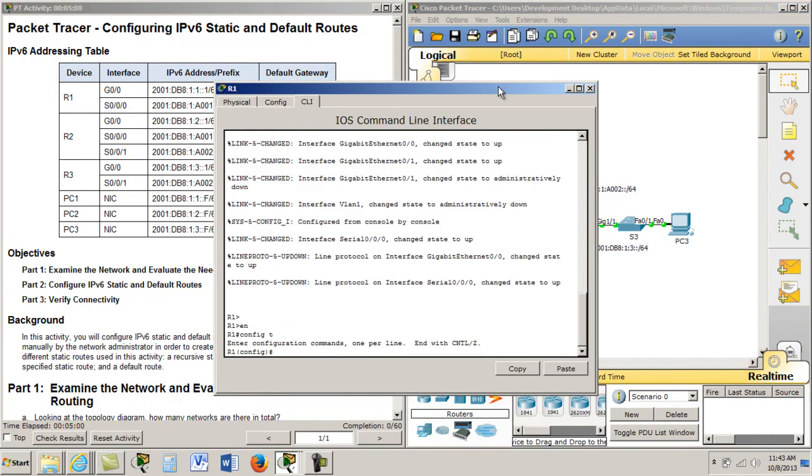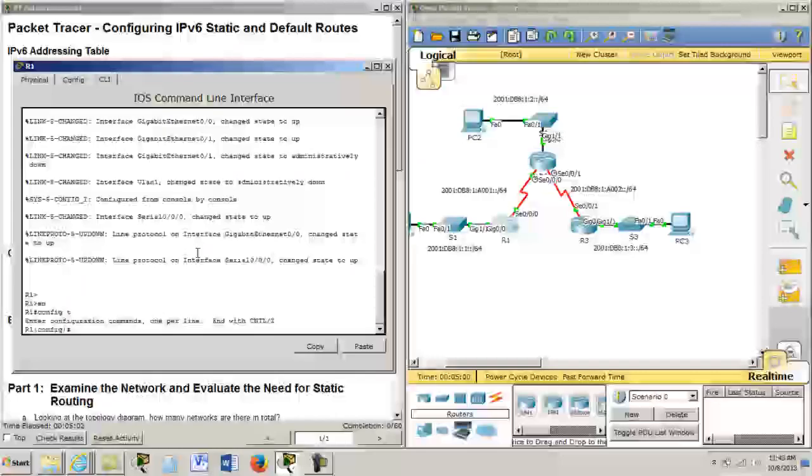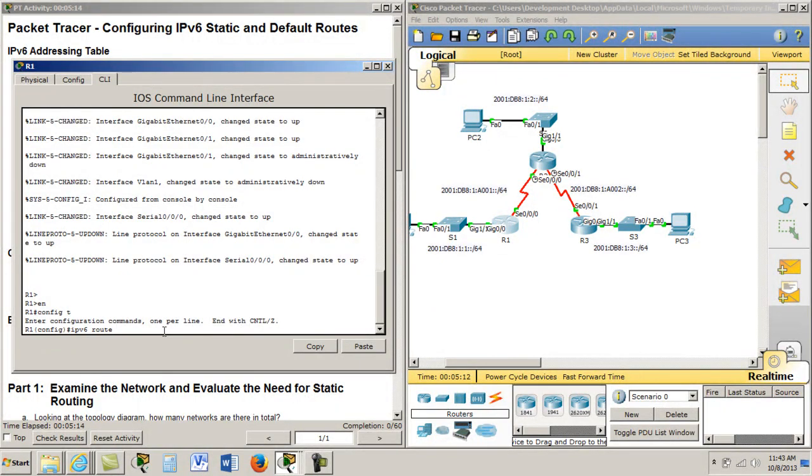So we'll open up the router R1. Of course, we have to go to global configuration mode, which I've already done. And then we issue the IPv6 static route command. So that's ipv6 route, then the network we want to route to. We're going to plug in the first network sitting off of R2, 2001:DB8:ACAD:1:0002.